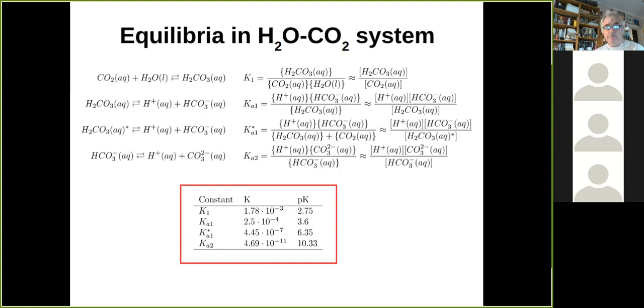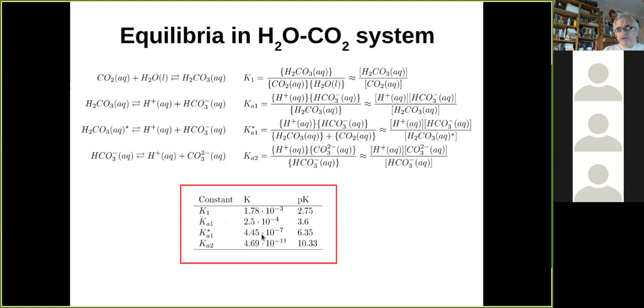Perhaps it would have been simpler if we had just removed this second equation and forgotten about the real acidity constant of carbonic acid compared to the effective acidity constant, which is 6.35 in pK values.